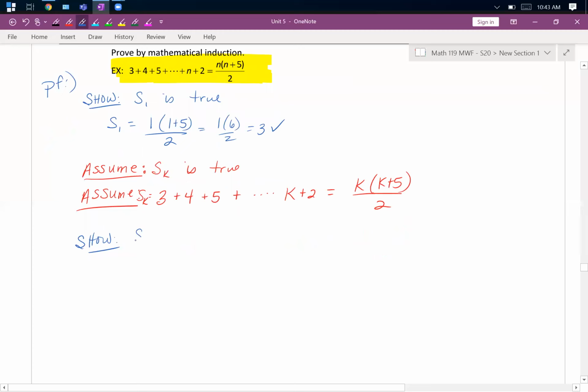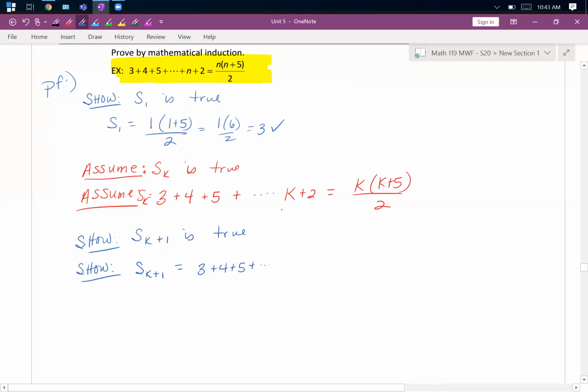So we want to show that S sub k plus 1 is true. Well, again, what exactly does that mean? So I like to do a second show line kind of explaining what that means. I'm saying then that S sub k plus 1 is going to be equal to 3 plus 4 plus 5 plus.